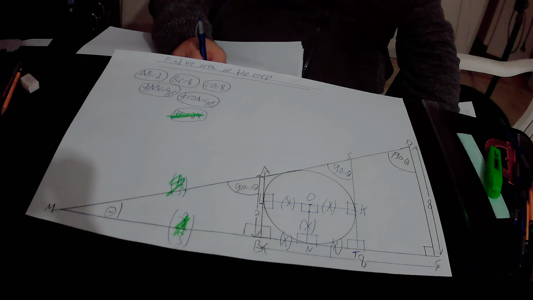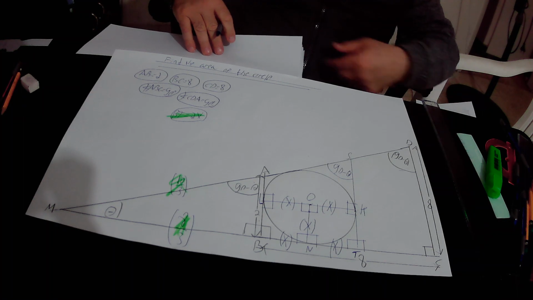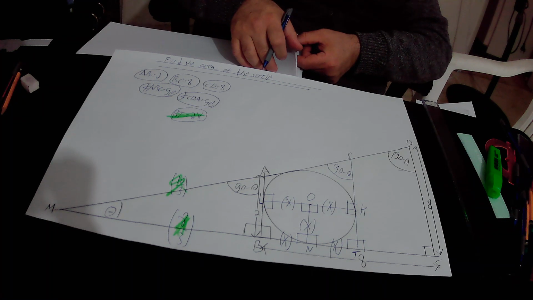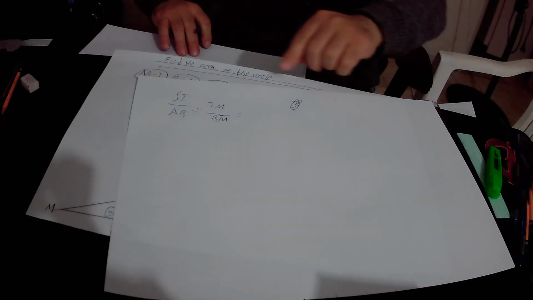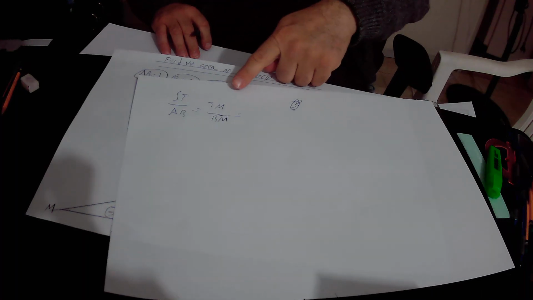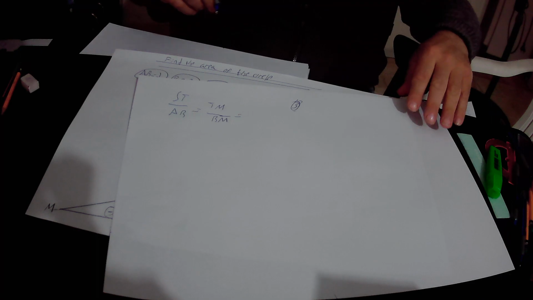Repeat again. We derive that ST over AB equals TM over BM.